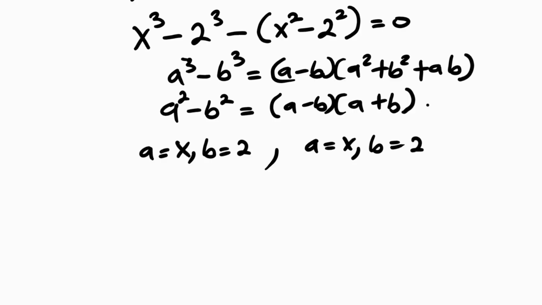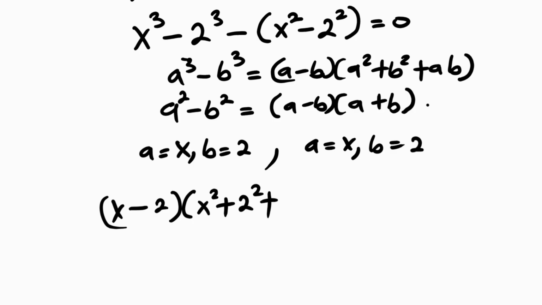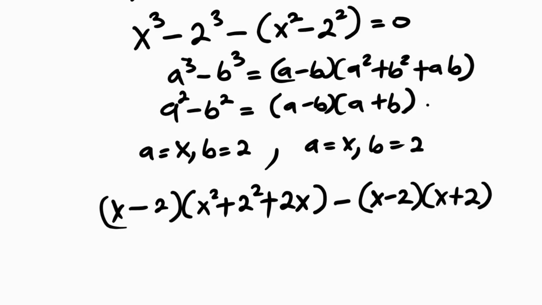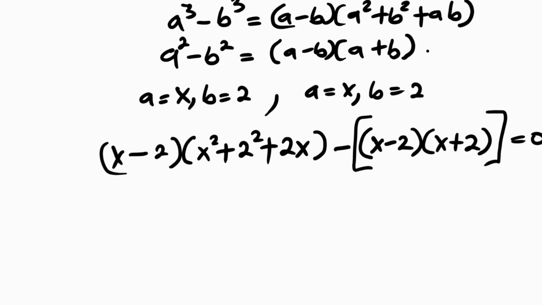So now we have (x minus 2) into (x^2 plus 2^2 plus 2x) minus (x minus 2)(x plus 2). So that's going to be a big bracket equals 0.